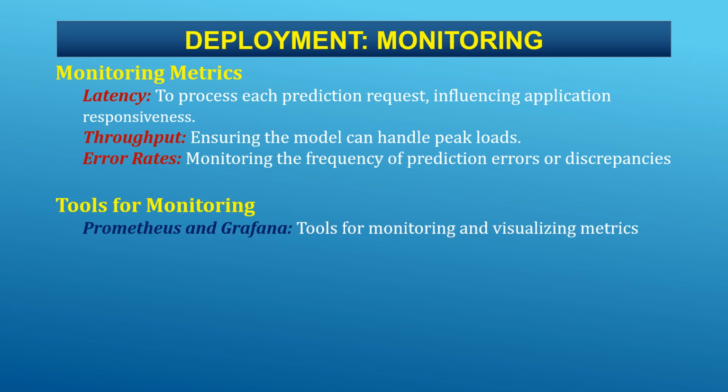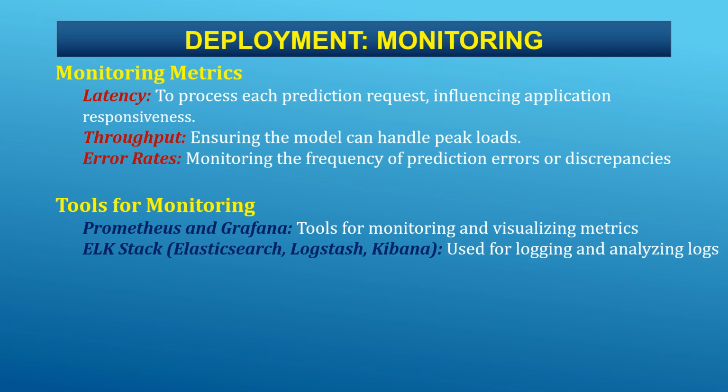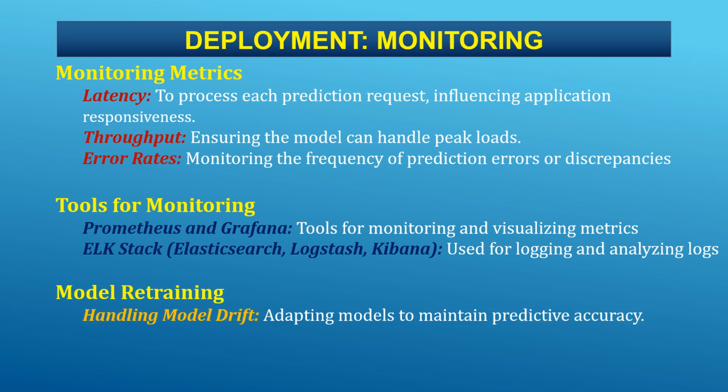Tools for monitoring. Prometheus and Grafana, popular tools for monitoring and visualizing metrics related to model performance and system health. ELK Stack, used for logging and analyzing logs, providing insight into model behavior and performance over time.